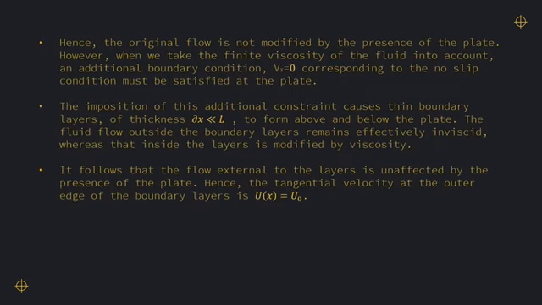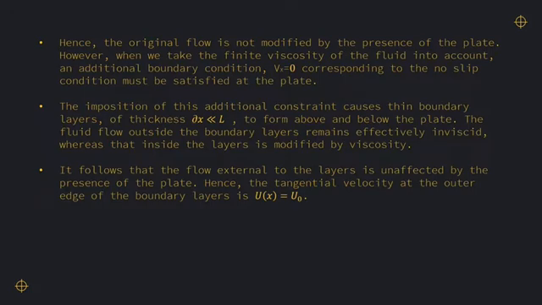Hence, the original flow is not modified by the presence of the plate. However, when we take the finite viscosity of the fluid into account, an additional boundary condition, Vx equal to 0, corresponding to the no-slip condition, must be satisfied at the plate. The imposition of this additional constraint causes a thin boundary layer of thickness much smaller than L to form above and below the plate.